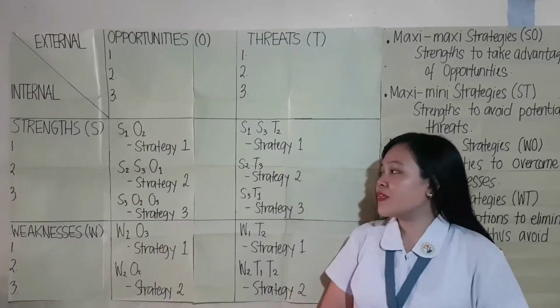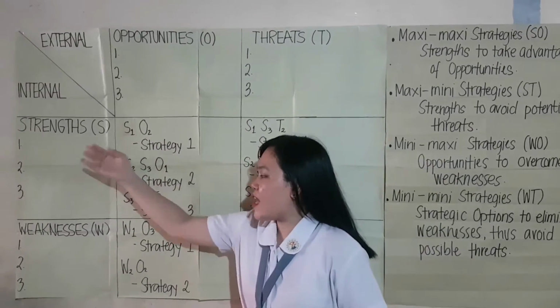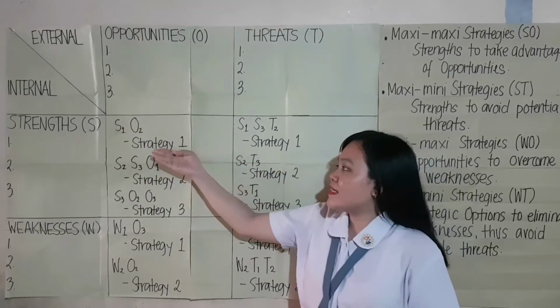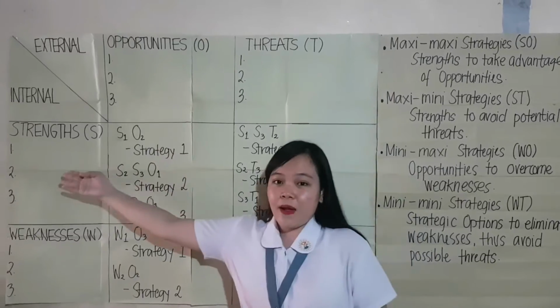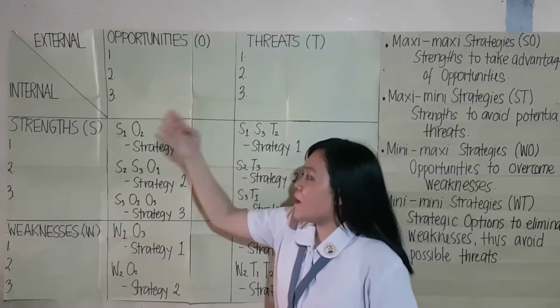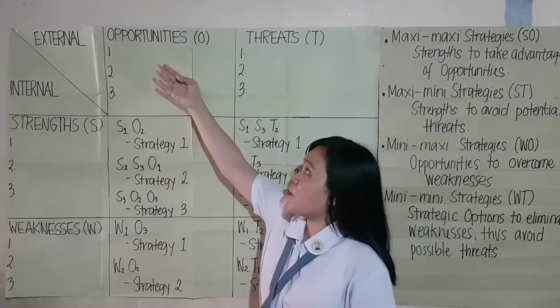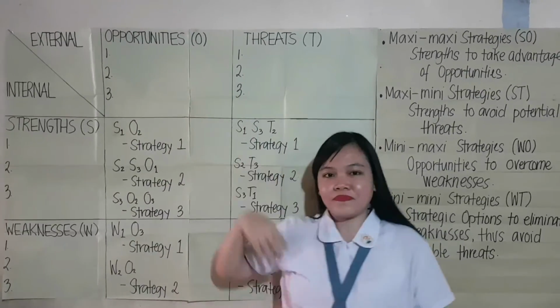For example, strength number 1 and opportunity number 1, then it comes up with strategy 1. Strength number 2 and strength number 3 to formulate strategy 2 with the opportunity number 1.